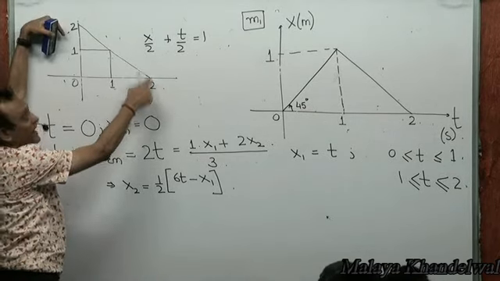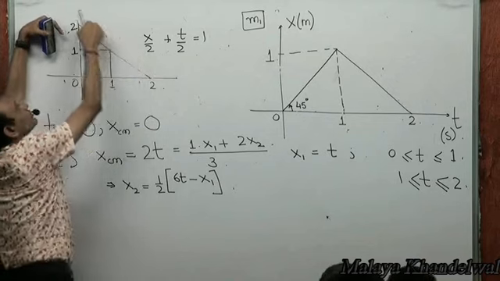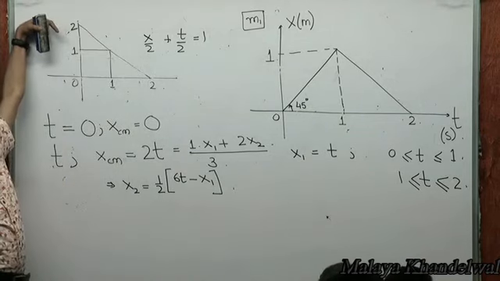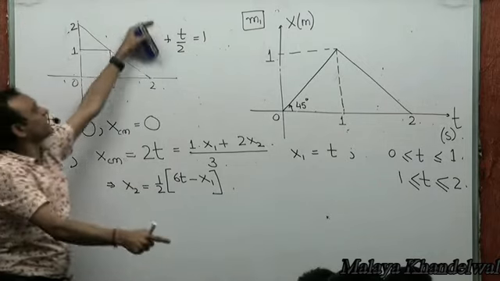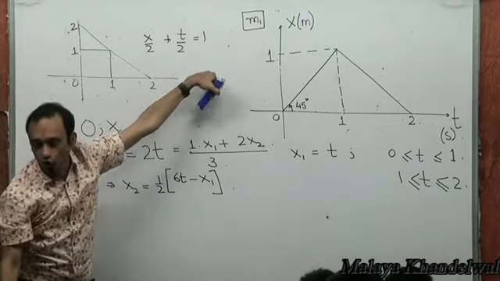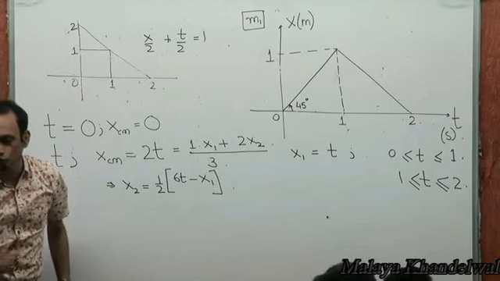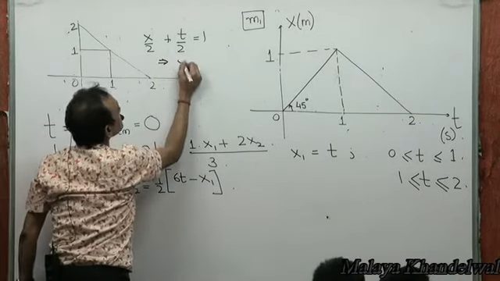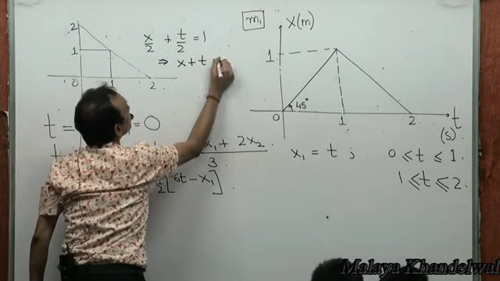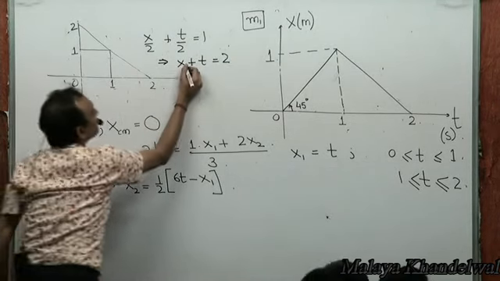This could be looked upon as the x-intercept of this line, and this as the y-intercept. So x by 2 plus t by 2 equal to 1 would be the equation of this line. Chirayu. Right? That means the equation of this line is x plus t equal to 2. Instead of x, you have x1.